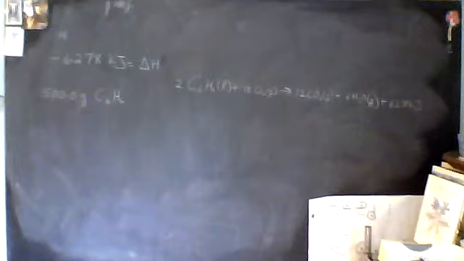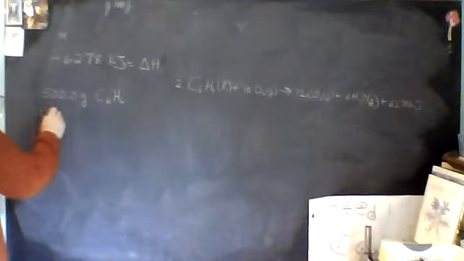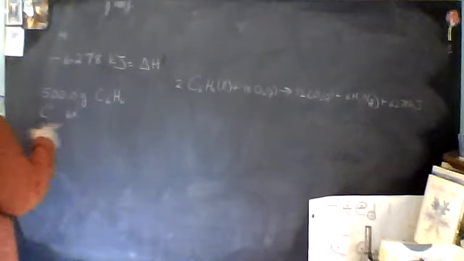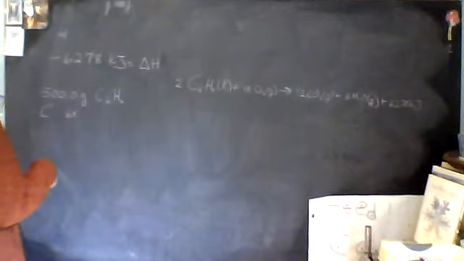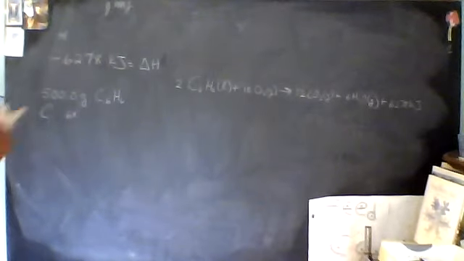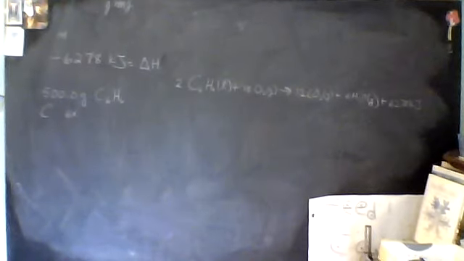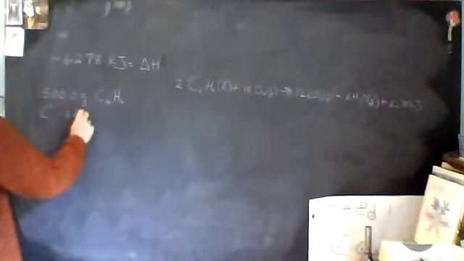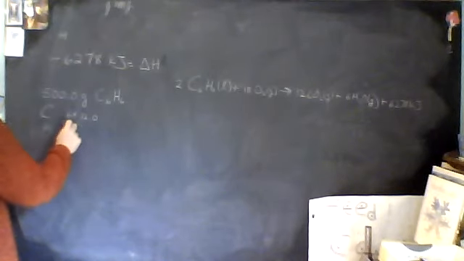Now, let's do some stoichiometry and figure out how many moles 500.0 grams of benzene is. Carbon is 12.0 and hydrogen is 1.01.